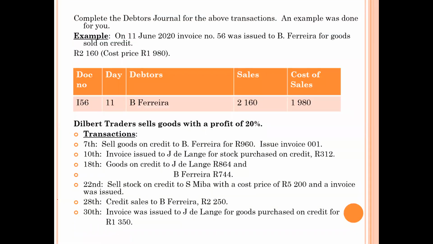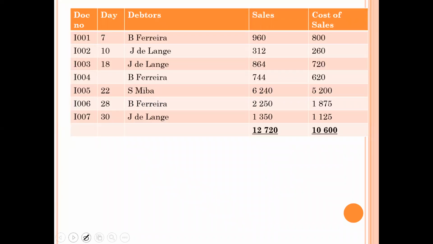Okay, on the 28th. Credit sales to B. Ferreira, 2,250. So we've got the date, we've got the name, we've got an amount that is your sales amount. So you are going to calculate cost of sales. So let's see, credit sales to B. Ferreira, 2,250 on the 28th. So there you see it.